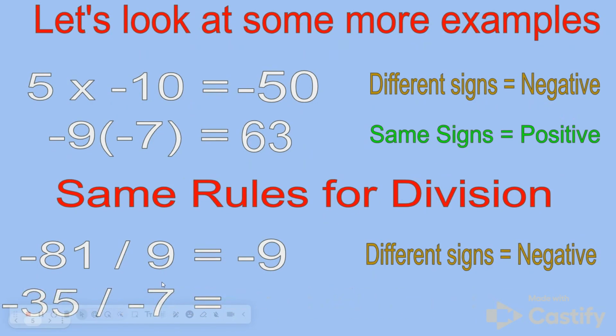And then the next one, negative 35 divided by negative 7. Same signs mean positive answer, and 35 divided by 7 is 5, so negative 35 divided by negative 7 is a positive 5. Same signs positive, different signs negative when you multiply or divide.